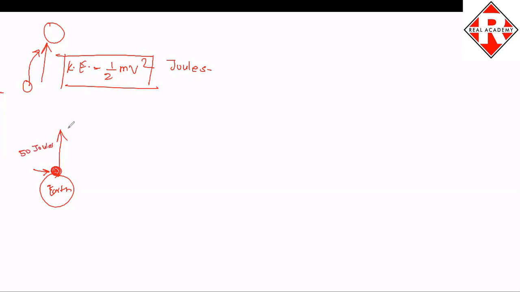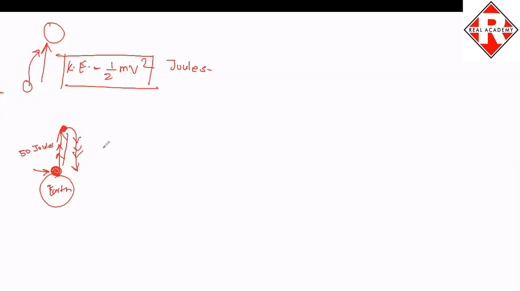Okay, so if I applied some energy into this ball, then obviously this ball will be set into motion, so it will get thrown upwards. Now it will go upwards up to some point, and after some point it will stop, and then it will again start coming downwards, right? This is a very day to day example. When you throw a ball in the air, it goes up till a point, after that it will start falling downwards, correct?